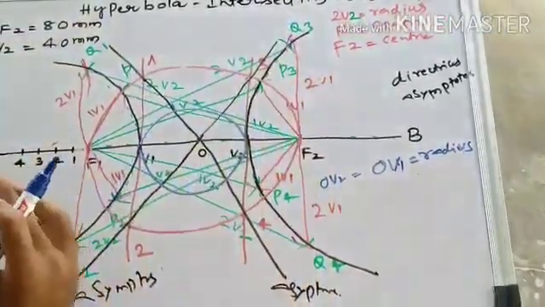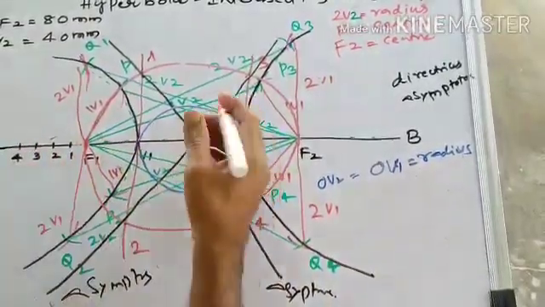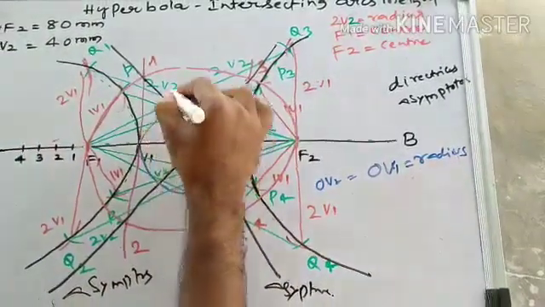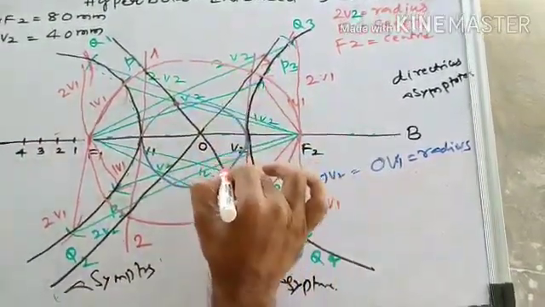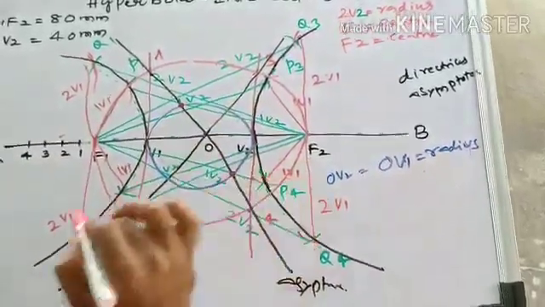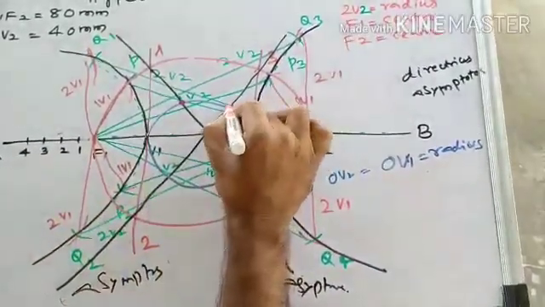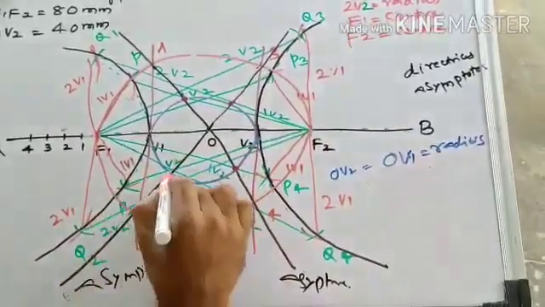I am telling again: this smaller circle intersects 1 and 4 at this point. Similarly, 3 and 2.